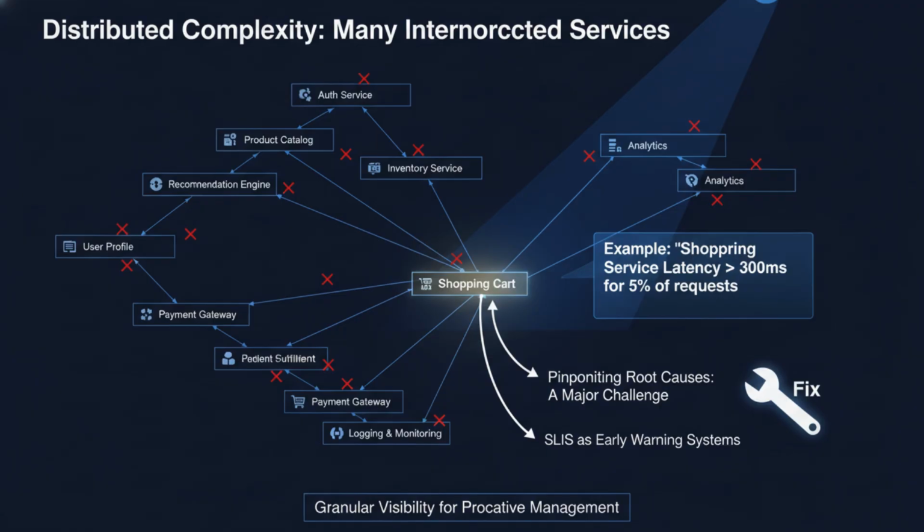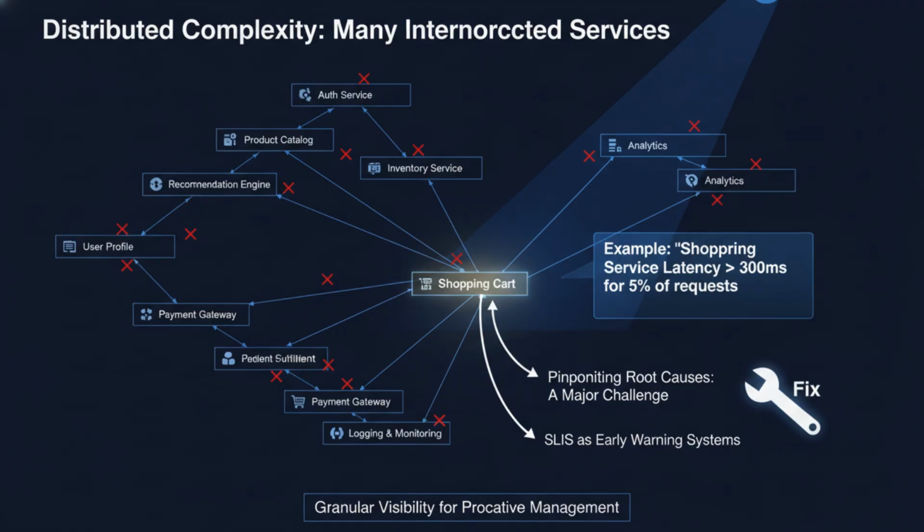Is it the front-end service, the shopping cart service, the product service checking inventory, or even a database dependency? Without precise SLIs for each service, identifying the root cause of degradation becomes an incredibly complex, time-consuming, and often frustrating endeavor.